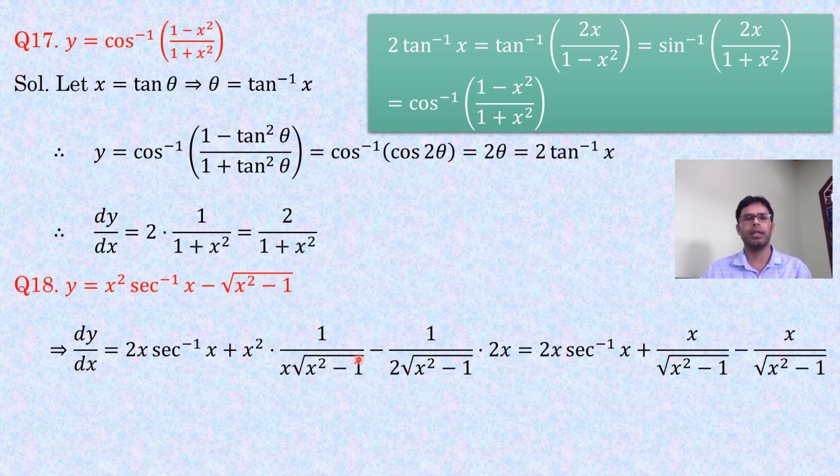Then this minus is here, and now the root over function derivative is 1 by 2 root over (x square minus 1) into the derivative of x square minus 1, which is simply 2x. So this 2 and this 2 will cancel out, and x and x cancel out. So we have 2x sec inverse x plus x by root over (x square minus 1), and here also minus x by root over (x square minus 1). So this term and this term will cancel out. Only we have the answer, 2x sec inverse x, and that is the solution.